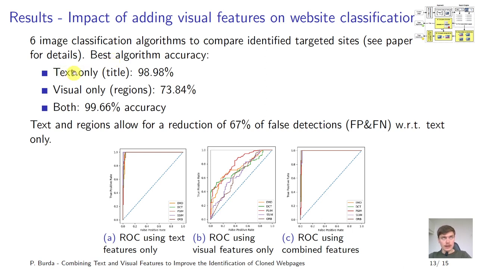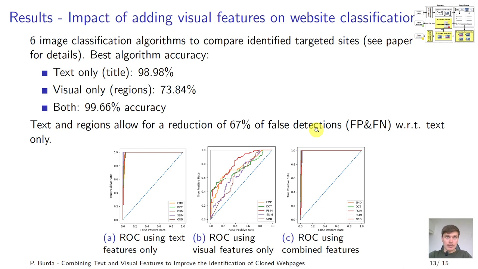For the text-only features, we obtain a moderately high accuracy, while using only visual features, we have not so good accuracy. However, using both of them, we have a good improvement from text only. By good improvement, I mean a reduction of 67% of false positives and false negatives. This difference is not visible here due to space constraints, because it's small from the point of view of a ROC curve. So maybe you can check those in the paper as well.